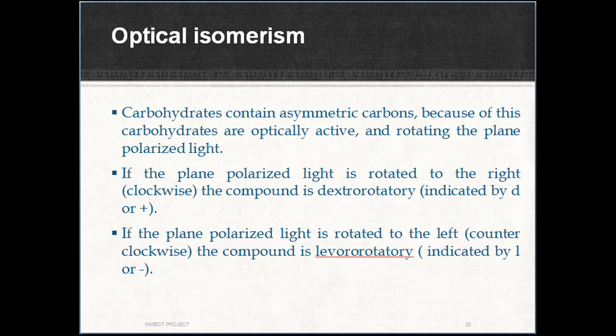If the plane polarized light is rotated to the right, that is clockwise, the compound is dextrorotatory, which is indicated by D, small d or plus. And if the plane polarized light is rotated to the left, the compound is levorotatory, which is indicated by L or minus sign.